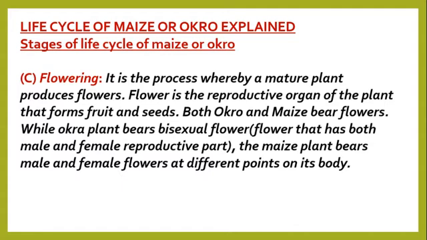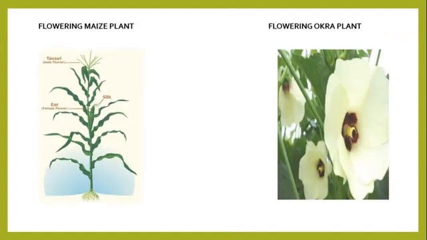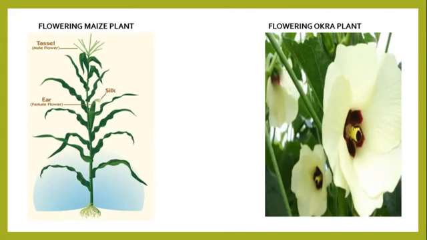So let's look at a typical flowering maize plant and flowering okra plants. Good. So you can see we have a typical flowering maize plant bearing the male and female flower at 2 different points on the body. Now the top part, what we call the tassel, is the male flower that produces the pollen grains.